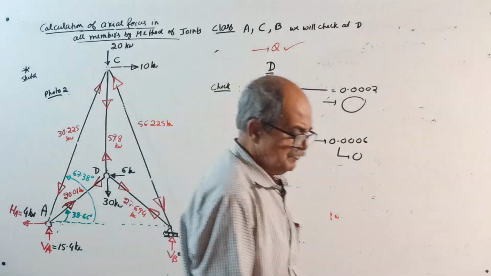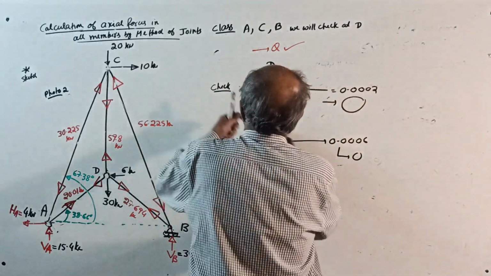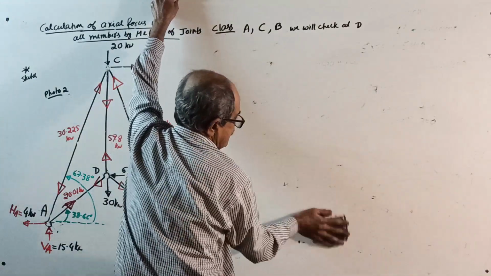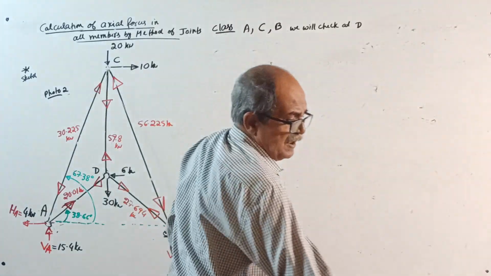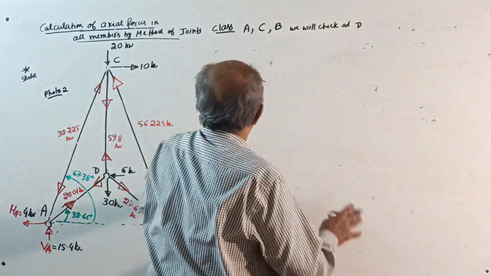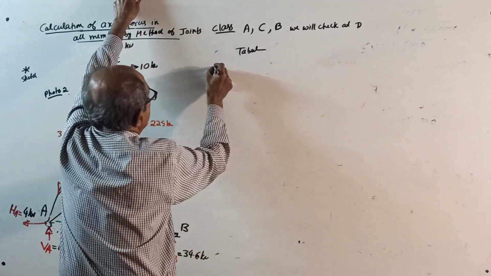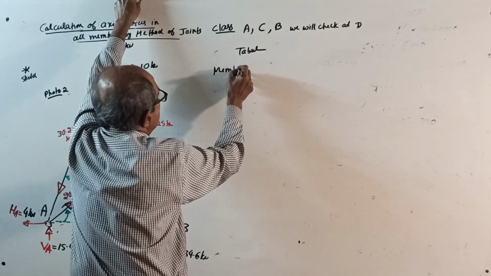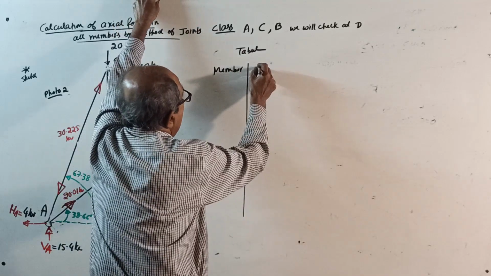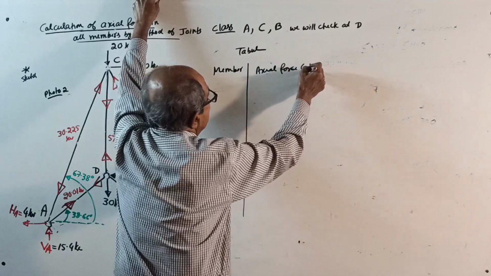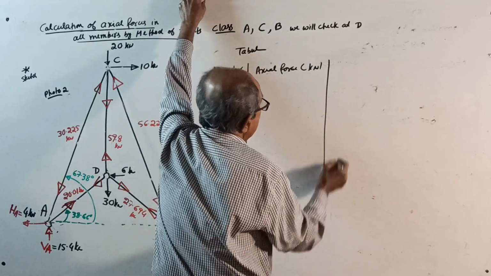after a long time, this question, I will do one thing now, I will give some extra information for you, see. Sometimes in examination they will ask you tabulation. See, if they want tabulation, right here, member, axial force, unit is in kilonewton, then write nature.